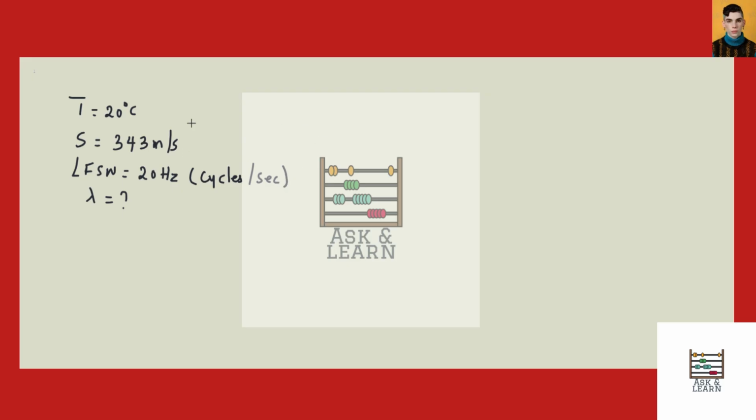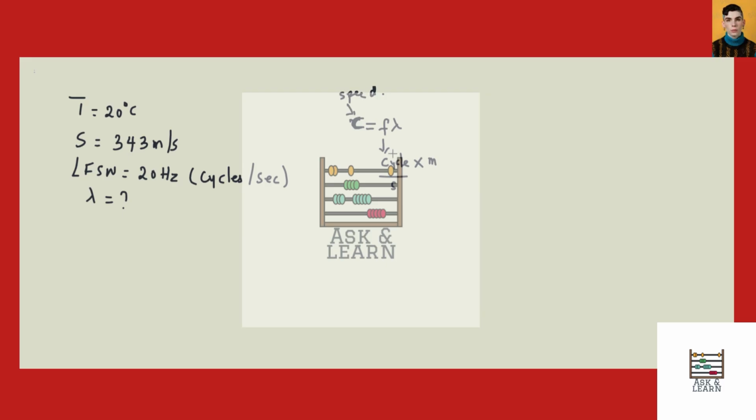So we know that speed, or let's just say c, is equal to f lambda, where the unit of frequency is cycles per second, and lambda is wavelength, which is in meters, right? So c is equal to speed.